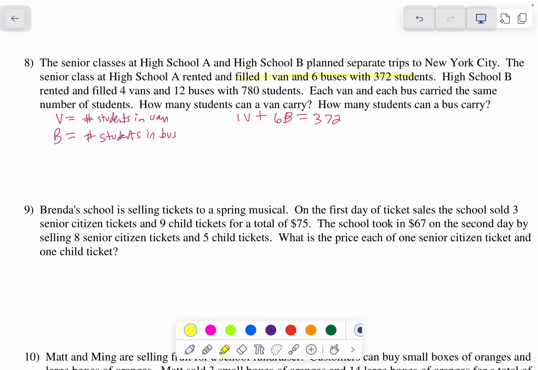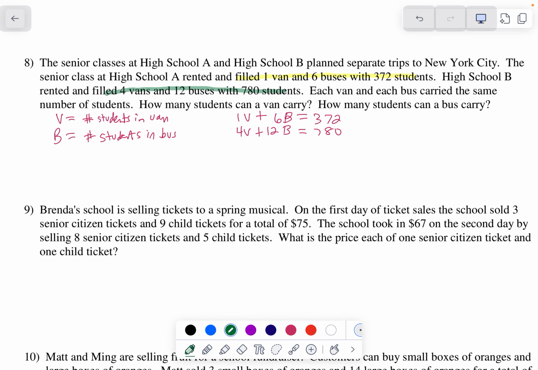Okay, now that we have that, we've got to use the second sentence. So you should be using most of the information they've given you. So this time I know 4 vans plus 12 buses is 780. Okay, so that is our equations that we have to solve. Now, I decided that putting the B's together will be good.